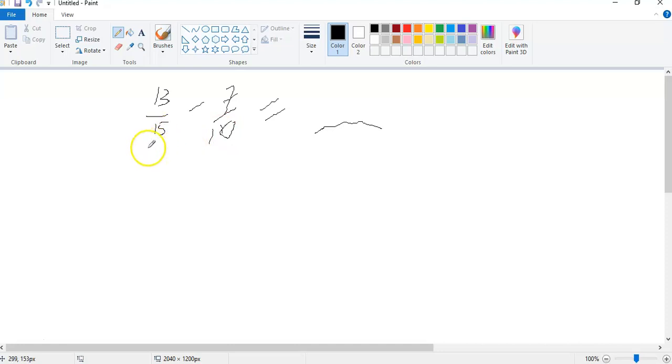Multiples of 15, we have 15. If you don't do the multiplication, just add the number you are looking for to the previous one. Then you add the same thing to the next one. So the first one is 15.